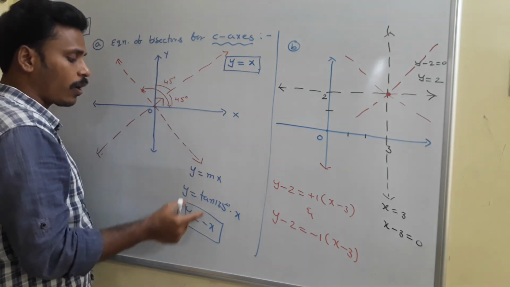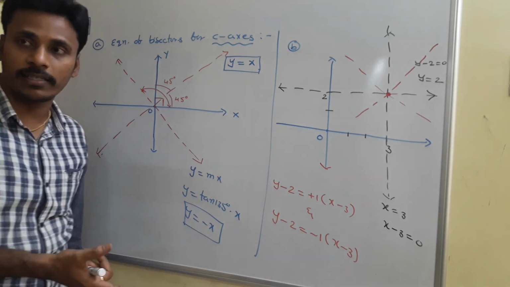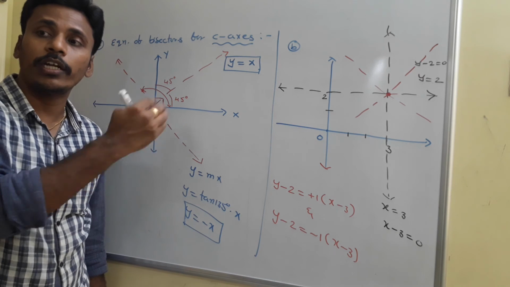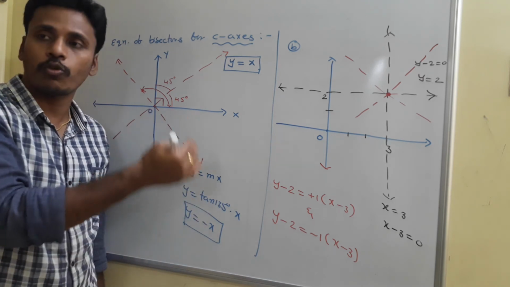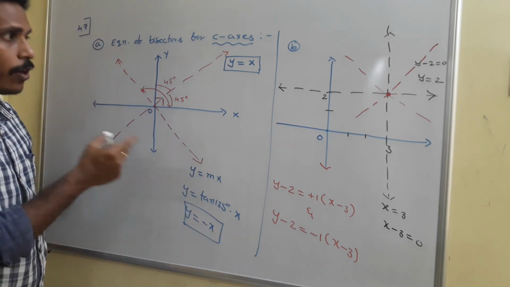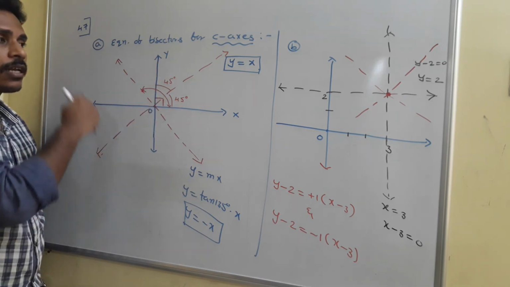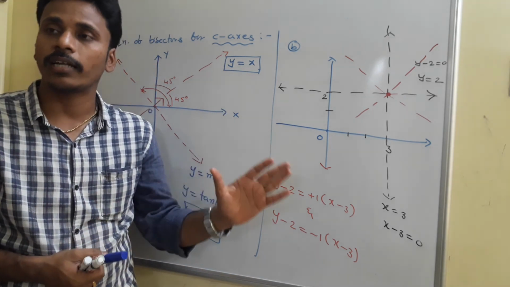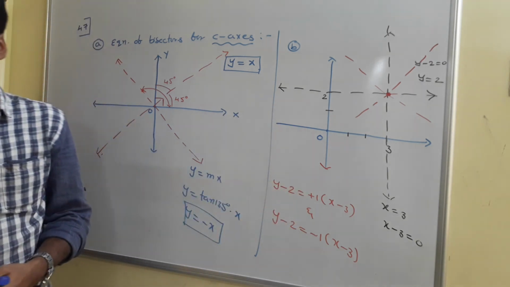Here we just wrote y equals x and y equals minus x. Here also you need to consider y equals plus 1 into x as well as y equals minus 1 into x. Just have a look at the equations of bisectors for the coordinate axes and the equations of bisectors for the horizontal and vertical lines.